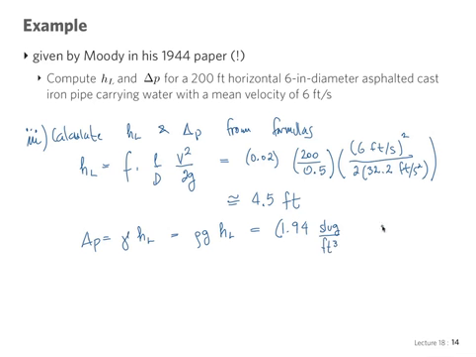Let me give you the conversion for this strange unit here. So 1 pound of force is equal to 1 slug moving at 1 feet per second squared. So that you can plug it in here.